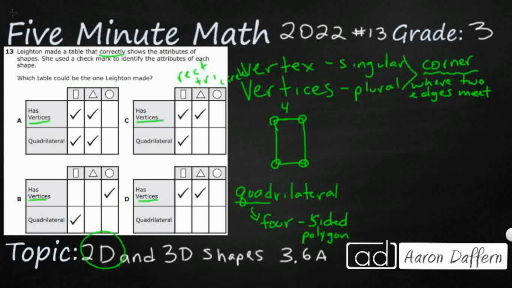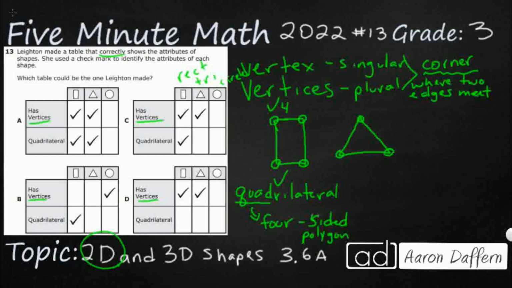Okay, so you see that we started with a rectangle here. Our rectangle definitely has vertices, and it is definitely 4-sided. Okay, so we need both of those check marks. Our next shape looks to be like an equilateral triangle. Does it have vertices? Yes, because we've got 2 edges meeting here, here, here. It's got 3 edges.